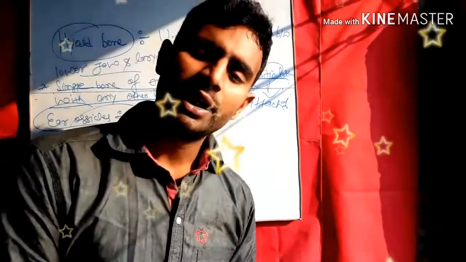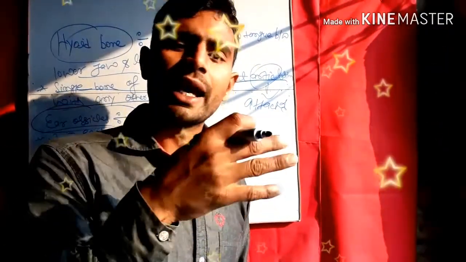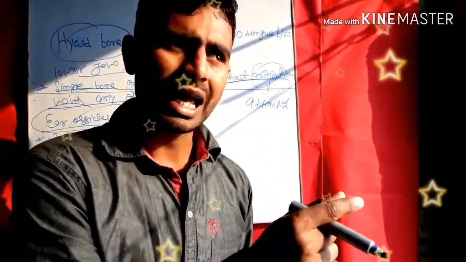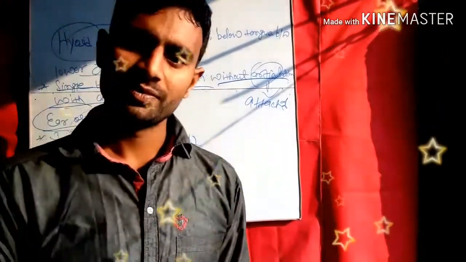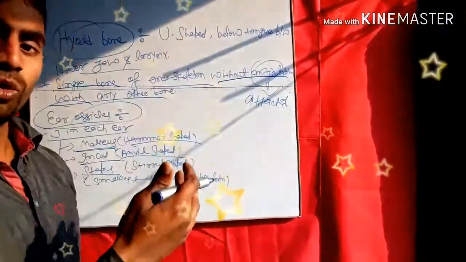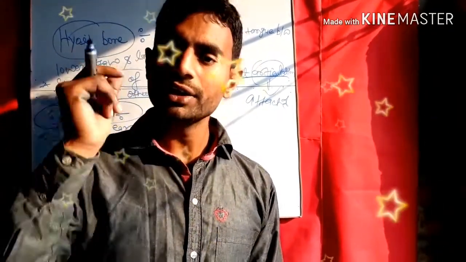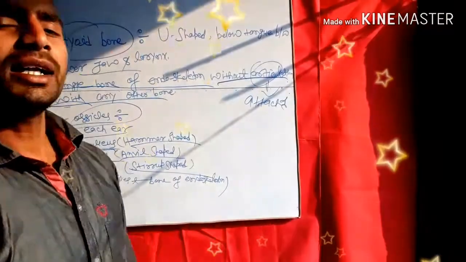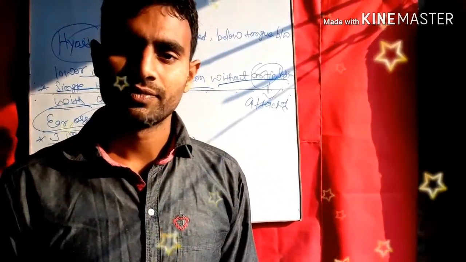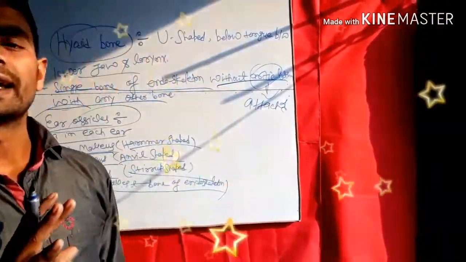The shape of the malleus is like a hammer. The malleus bone is hammer shaped. The incus is shaped like an anvil. And the third bone is the stapes, which is also a small bone, and its shape is stirrup shaped. The stapes is the smallest bone of the endoskeleton.